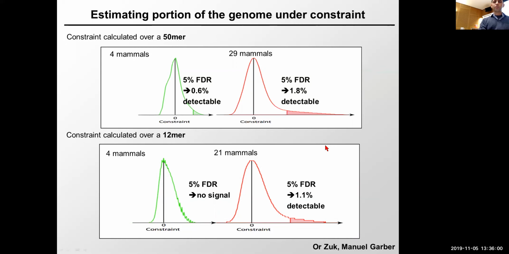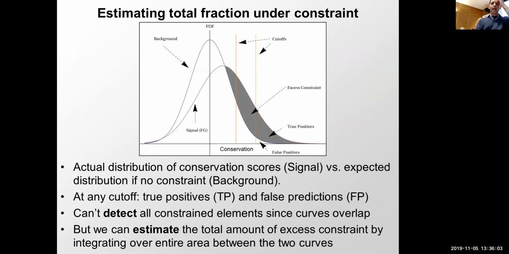But you could do something different. You could say, let me estimate the excess constraint, not just above my threshold, but over the entire stretch of that distribution above some much lower threshold, okay? So the actual distribution of conservation scores, namely your signal, versus the expected distribution here in blue. So how do you build this? You can build this by asking what is the distribution of evolutionary constraint that I observe empirically in regions that I know are not functional.